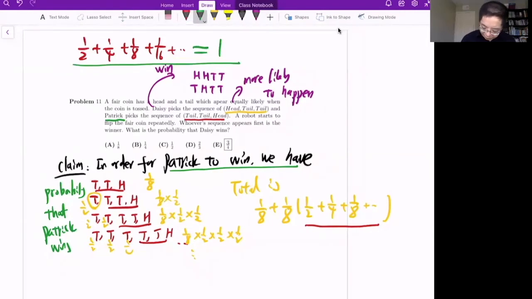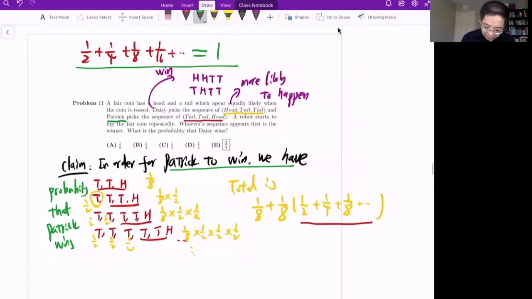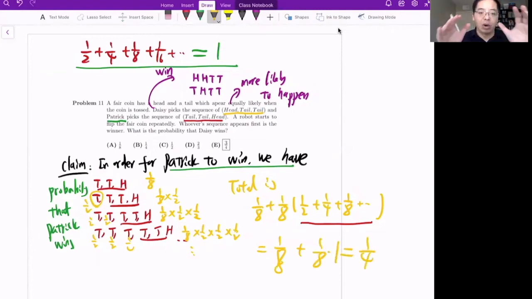So then this equals 1/8 plus 1/8 times 1, and this is 1/4. So the probability that Patrick wins is 1/4.